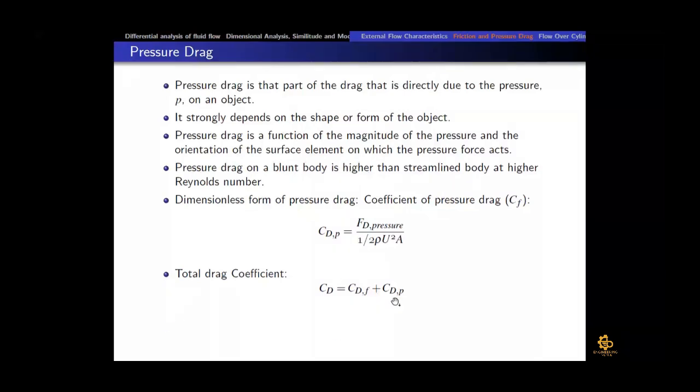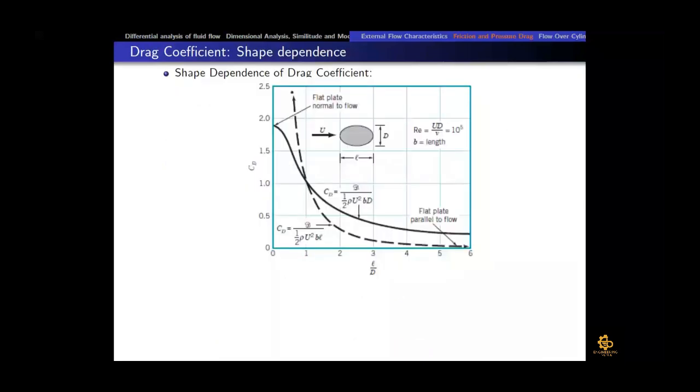So the total drag force would again be the summation of drag force due to friction and drag force due to pressure difference. Right, and here the CD, which is the coefficient of drag, is shown for two cases. One is a flat plate normal to the flow, and the other one is a flat plate parallel to the flow.